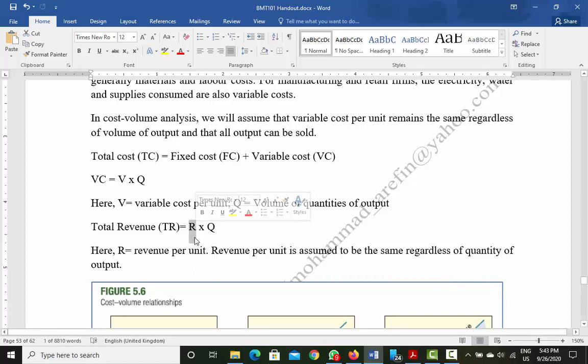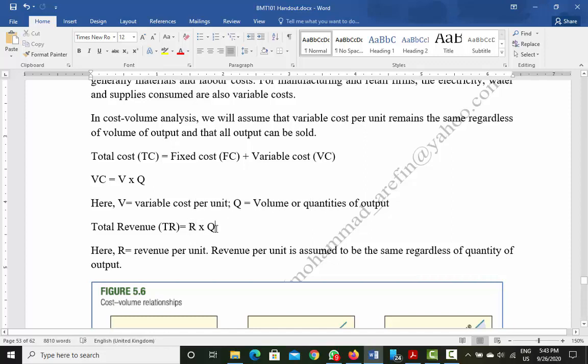That means if you sell 1 kilogram of sugar, revenue will be 50 taka. So this is revenue per kilogram, or revenue per unit.